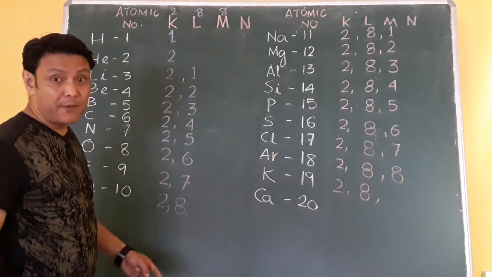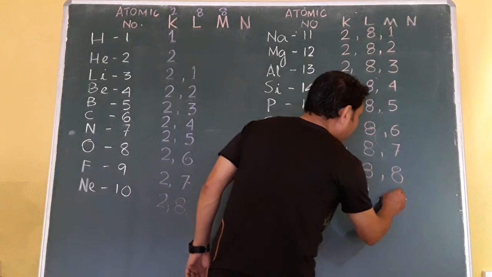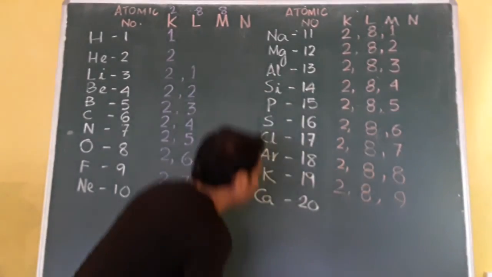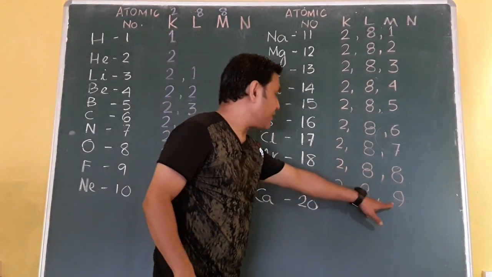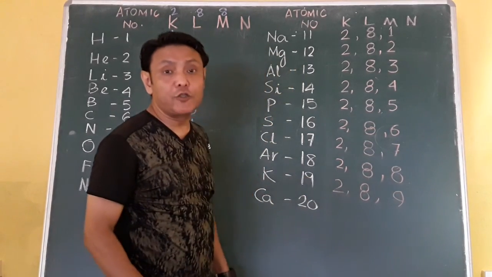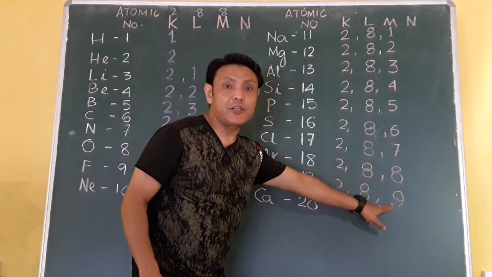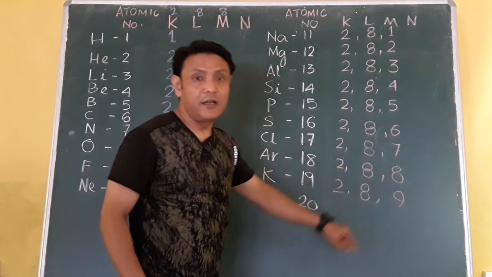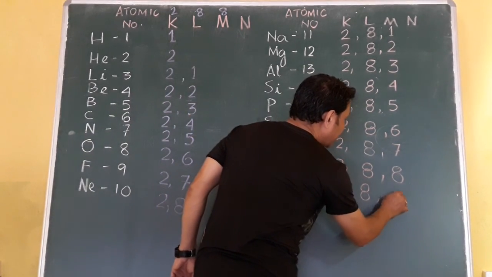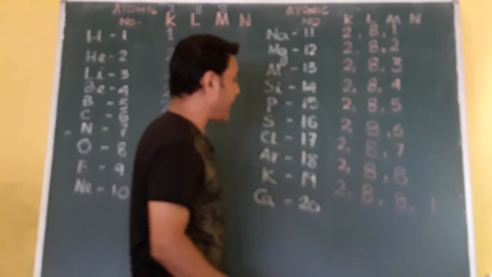So we could have 9 electrons, it should be 9, but it's not so, because according to the rule the maximum number of electrons in the last shell should be 8, not more than 8. So therefore, we write 8 here and the remaining 1 in the fourth shell.